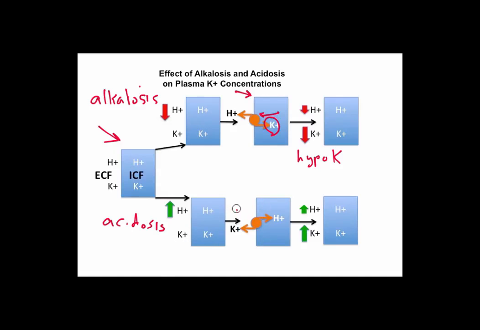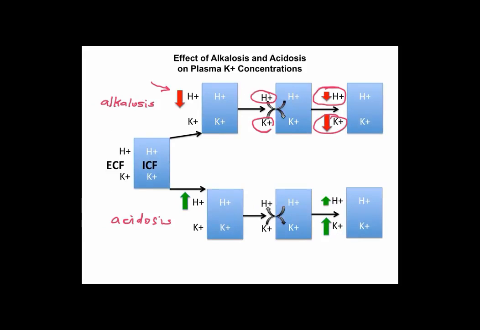But in this case, hydrogen ions are going down their gradient with this exchanger, taking the potassium that's inside the cell in high quantities and pushing it out. And so what happens is, with acidosis, we get a hyperkalemia.